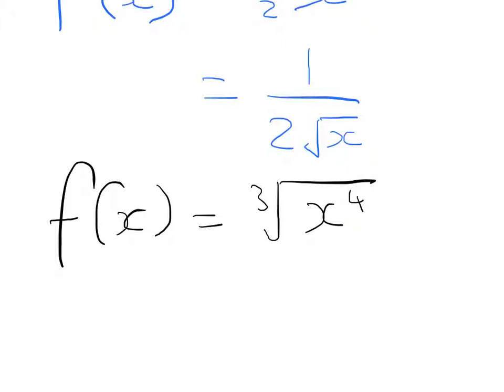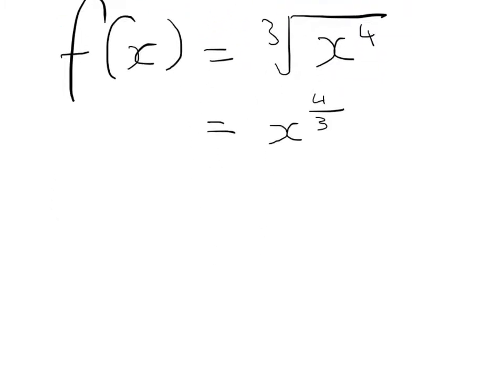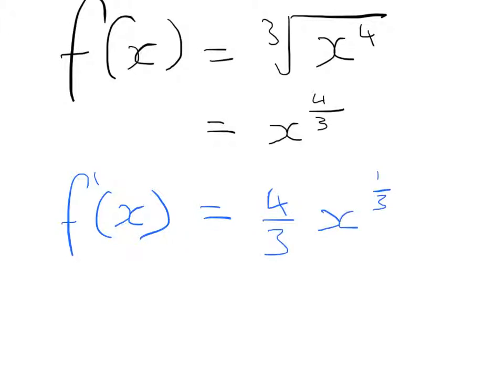The first thing that we do is put that into the right format, x to the power of 4 over 3. So f dash of x equals 4/3 x to the power of 1/3, which equals 4 lots of the cubed root of x all over 3.